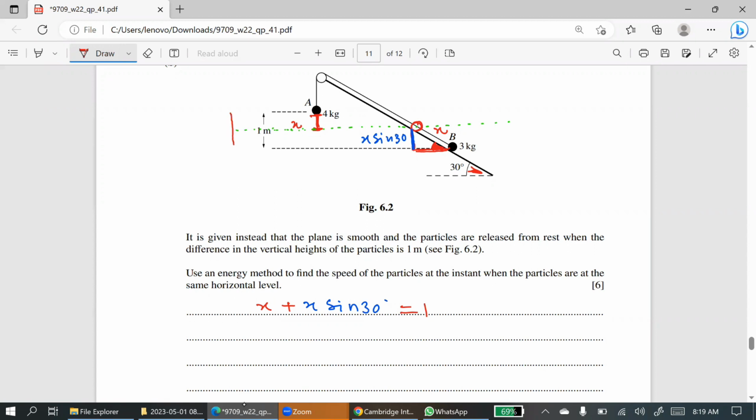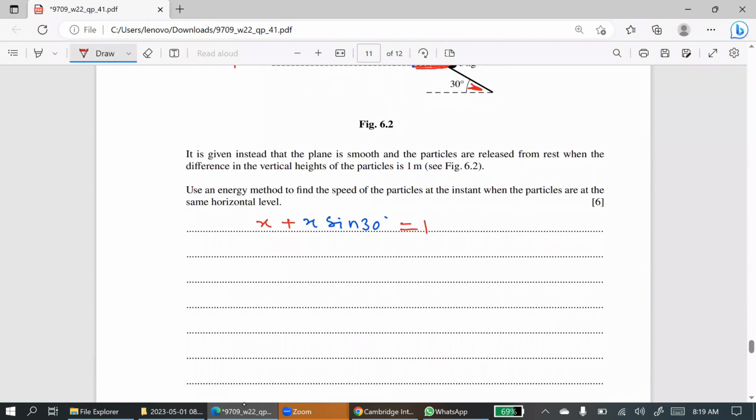This total height is 1. So x plus x sine 30 is equal to 1. Sine 30 is 1 by 2. x is equal to 2 by 3.